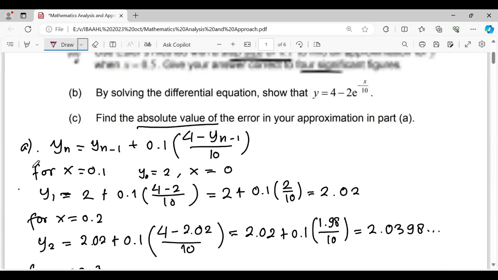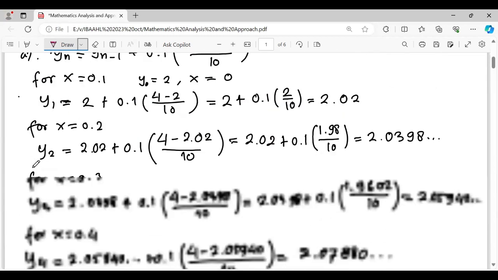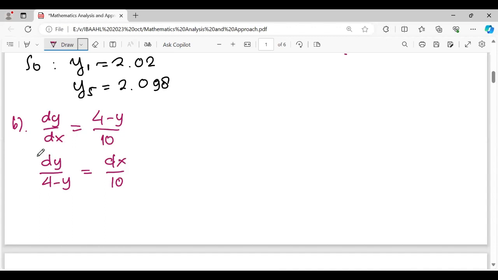Okay. When I check the question, by solving the differential equation, show that, okay, the differential equation dy/dx equals (4 minus y) over 10, or dy over (4 minus y) equals dx over 10. Integral like this.